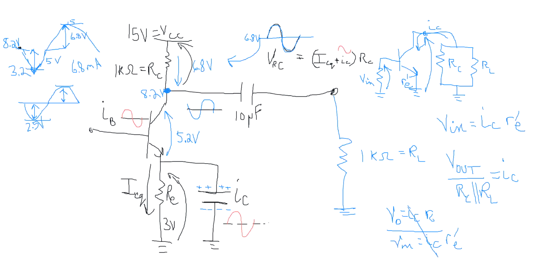Cancel out the ICs, and you see that my voltage gain is equal to the ratio of these parallel resistors, which is the little RC right there, divided by the AC emitter resistance.